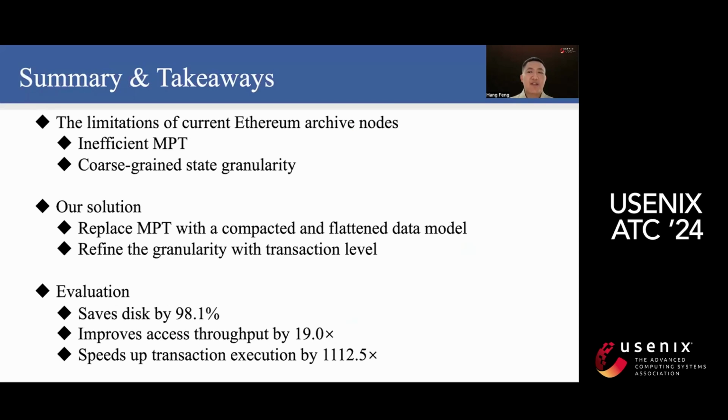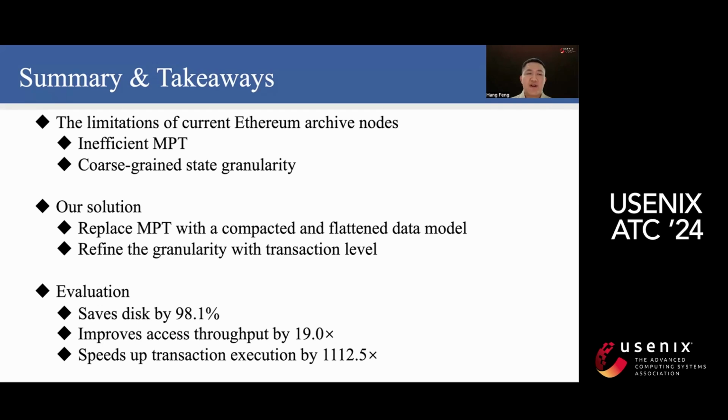In summary, in this work, we first identify the inefficient Merkle Patricia Trie and the coarse-grained state granularity as the limitations of current Ethereum archive nodes. Then, based on our observations and insights, we proposed our solutions. We first replaced the Merkle Patricia Trie with a compacted and flattened data model.